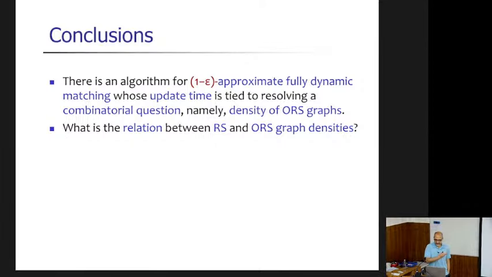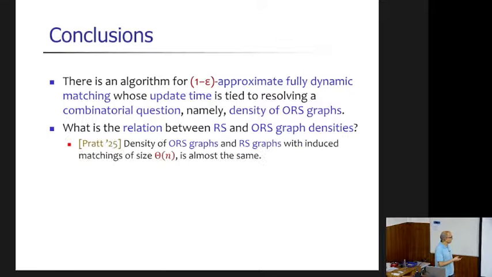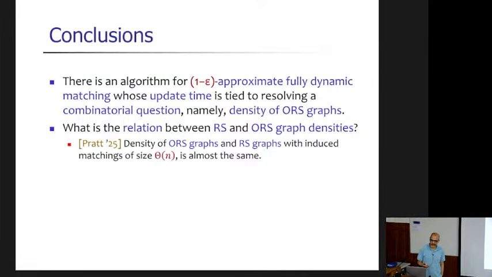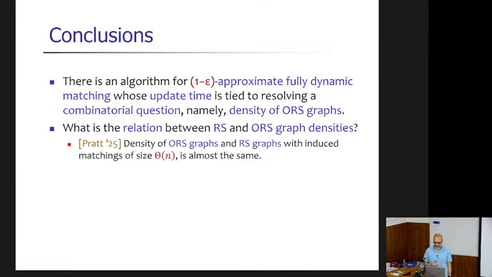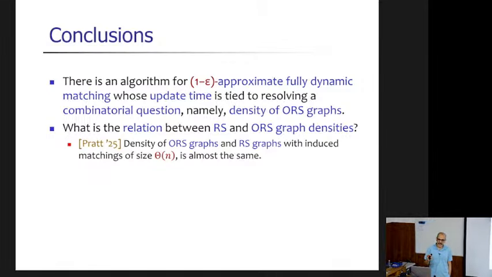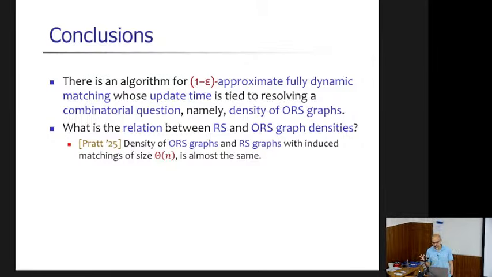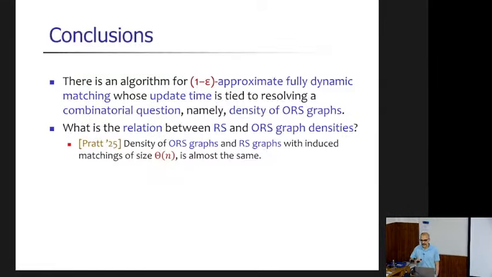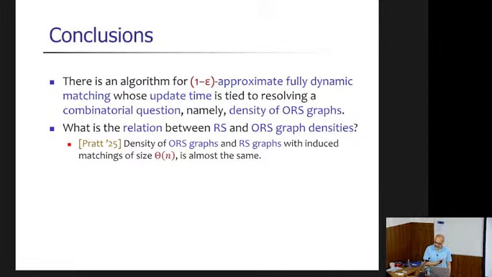At the time when we obtained these results, we didn't know the answer to this, but now we do. Earlier this year, Kevin Pratt showed that the density of ORS and RS graphs is essentially the same. Okay, so if you had a dense ORS graph, you will also have a dense RS graph. You lose a little bit in the parameters. The size of the matchings will change and so on, but it will remain omega n. So all those results can now be restated, replacing ORS of n comma theta n with RS of n comma theta n.